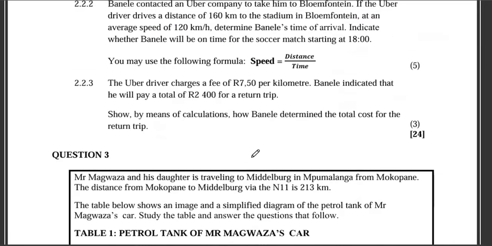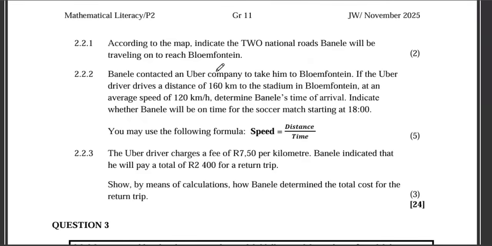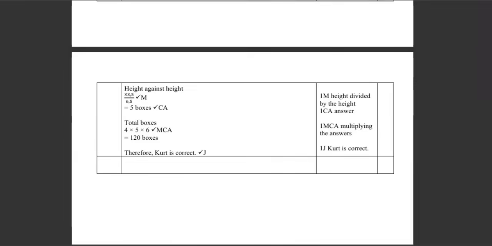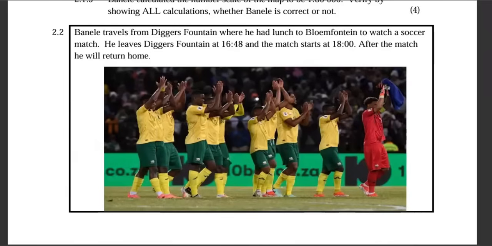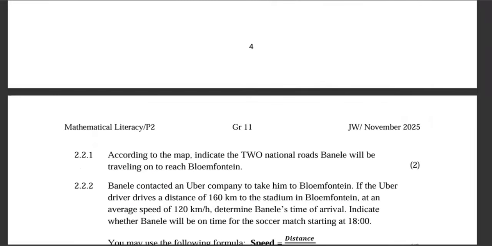What does it say? According to the map, indicate the 2 national roads Banele will travel on from Bloemfontein. The map, we have it down there.